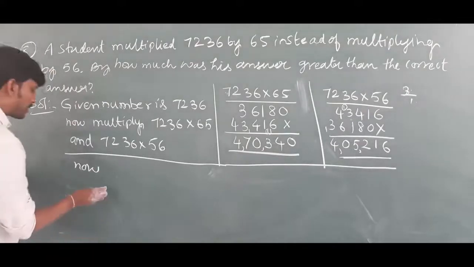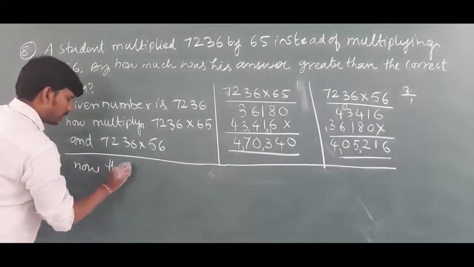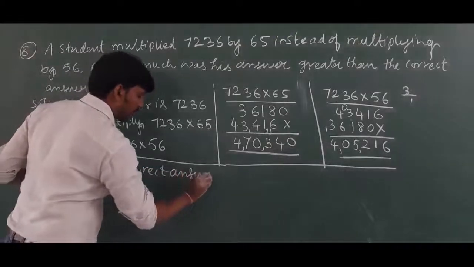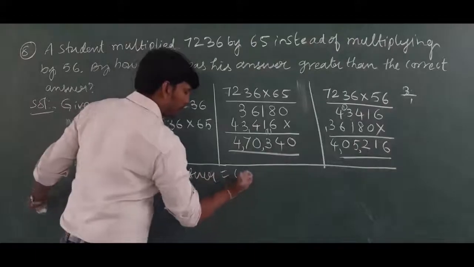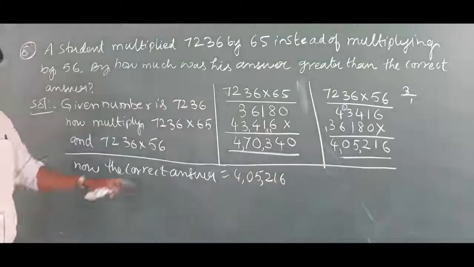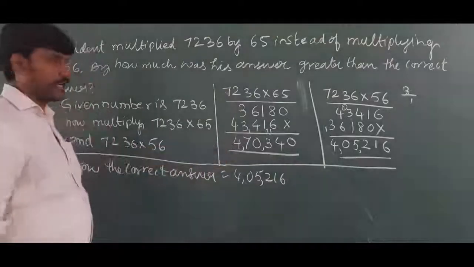So the correct answer is, now the correct answer here is 4,05,216. But actually he got 4,70,340.